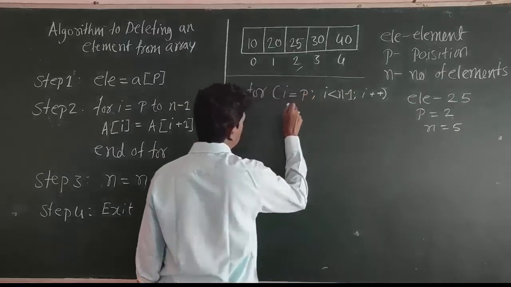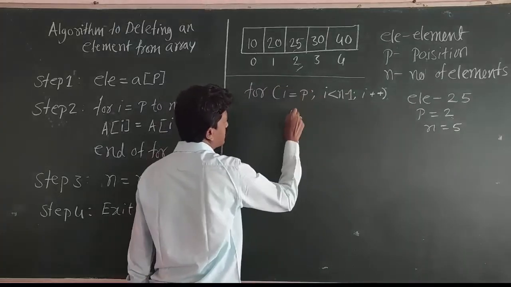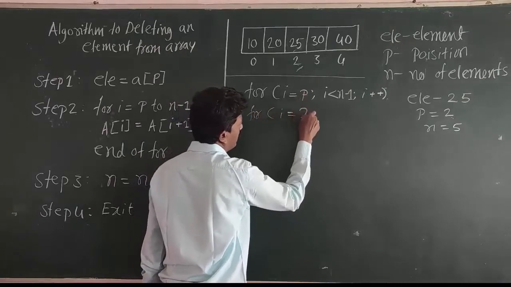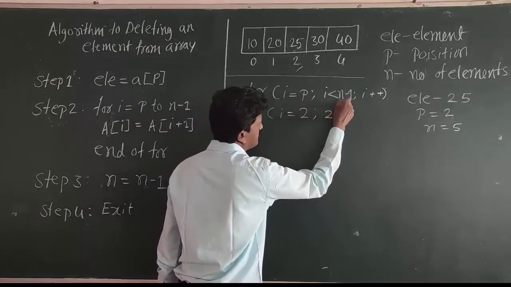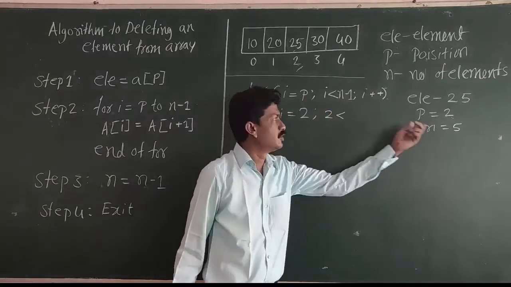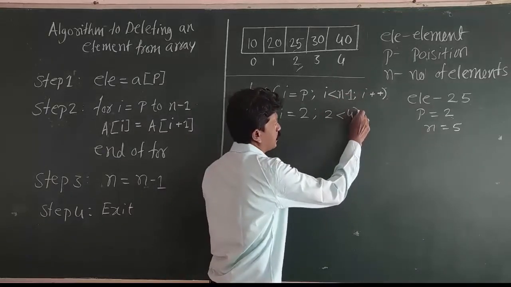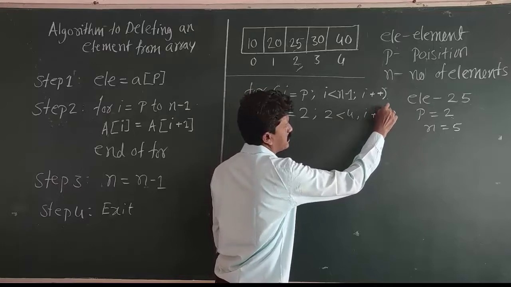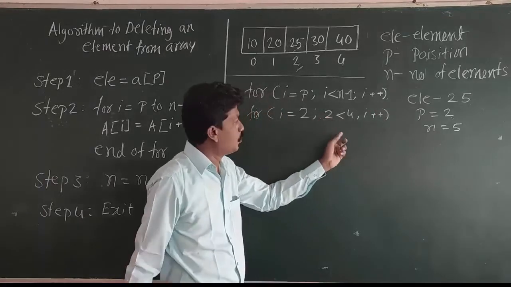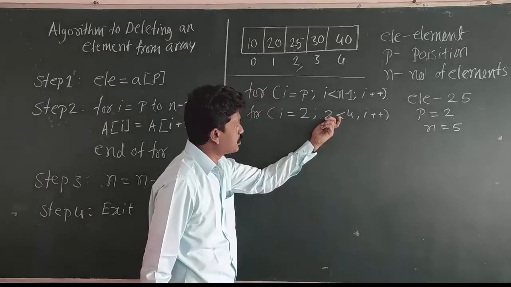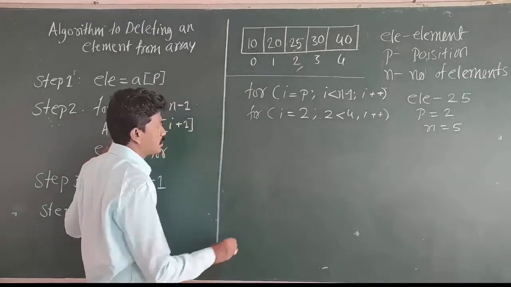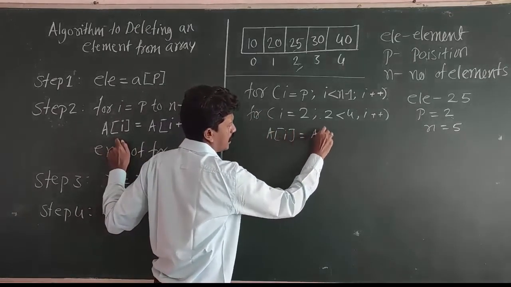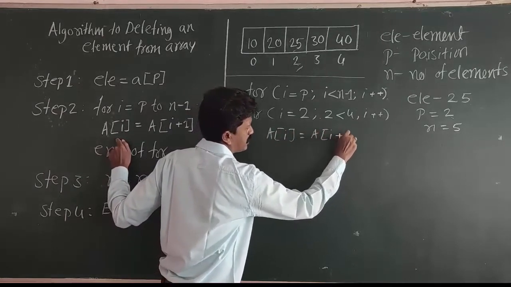For I equal to P, the value is 2. Is 2 less than n minus 1? n is 5, minus 1 is 4, I plus plus, so this condition becomes true. Once it becomes true, it enters the loop: A of I equal to A of I plus 1.